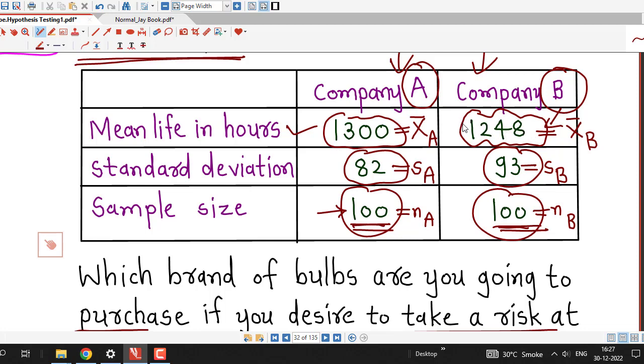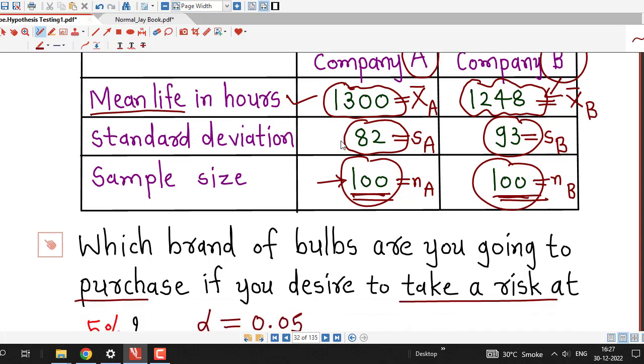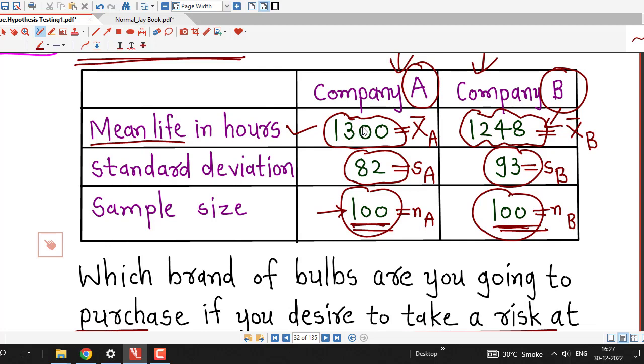So from this we may have the idea that brand A might be superior to brand B. From this mean life of electric bulbs we can make the claim that brand A is superior to brand B.